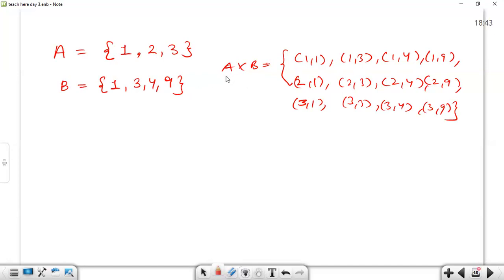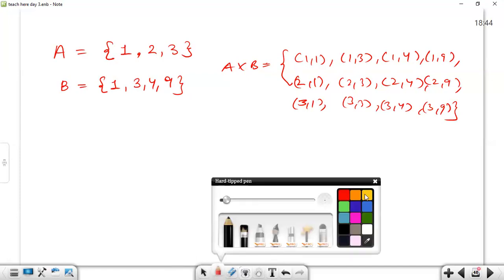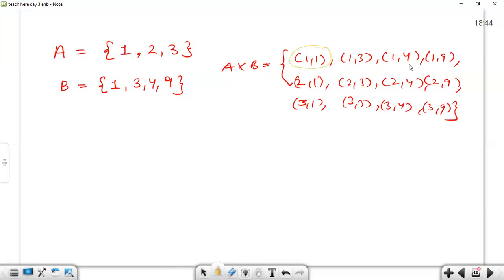Now, if we particularly select a few elements from this Cartesian product, let us say we are selecting this and this.